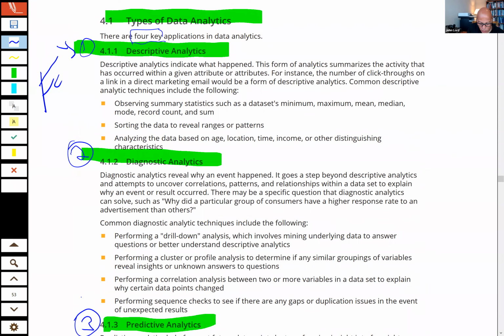So these are the outcomes as we go through and look at some of these. We can sort the data into relevant ranges or patterns. We can analyze the data based on characteristics such as age, location, okay? That's a descriptive analytic that can be done.